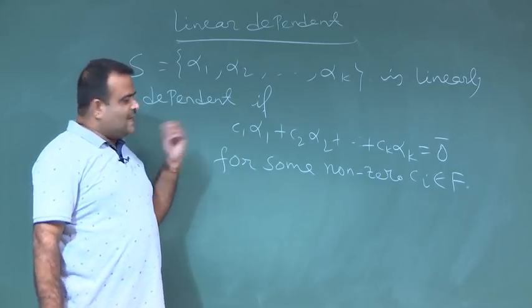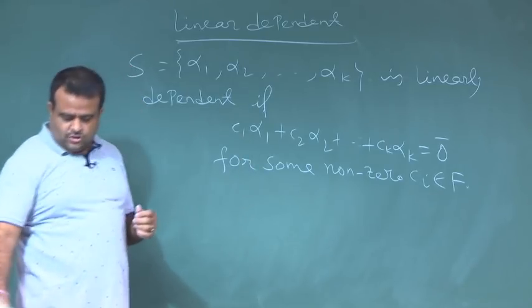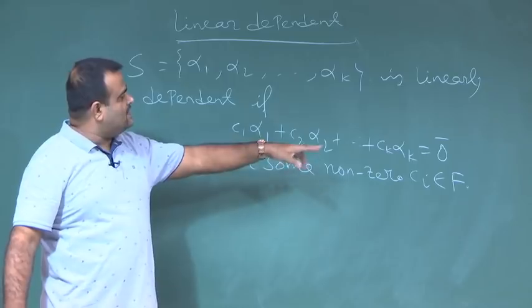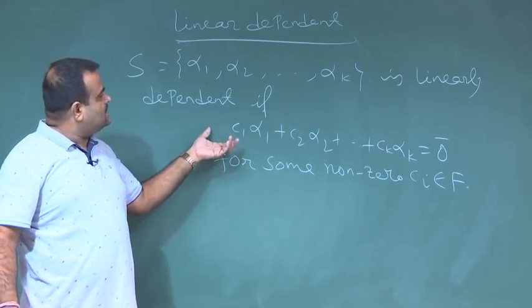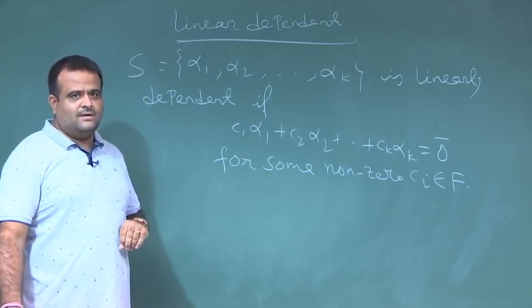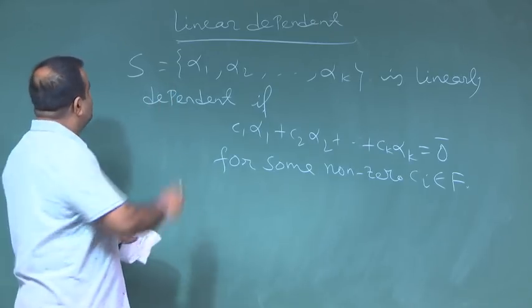So, if there exist some non-zero c i's for which this linear combination is 0, then we say this set is linearly dependent. Okay. This is the definition.